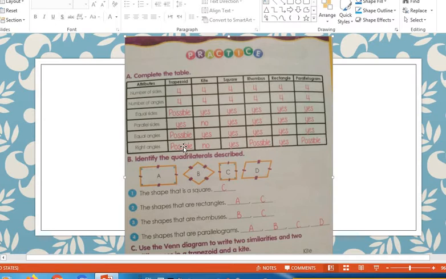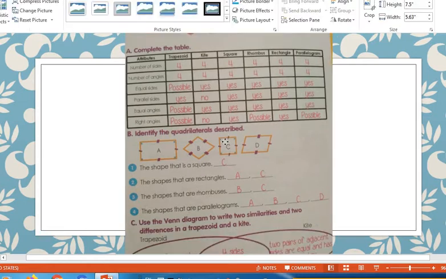In the kite, I don't have right angles. And in the square, of course, yes. And in the rhombus, possible means maybe or maybe not. Rectangle, yes. Parallelogram, possible.